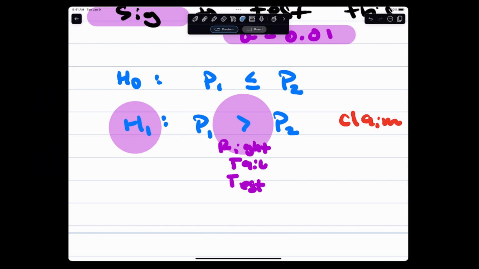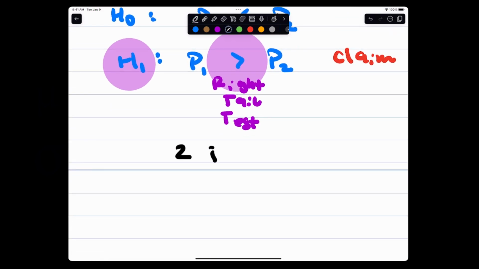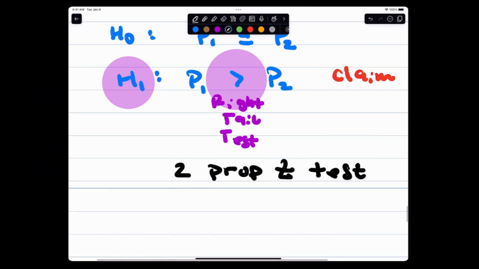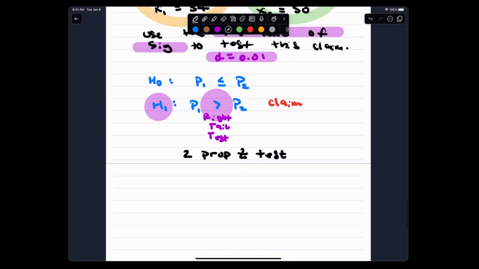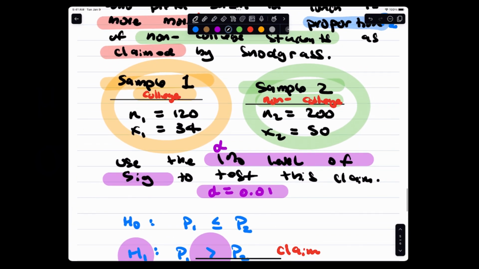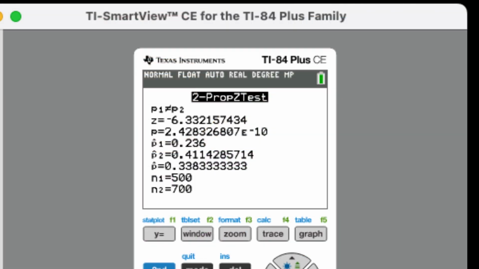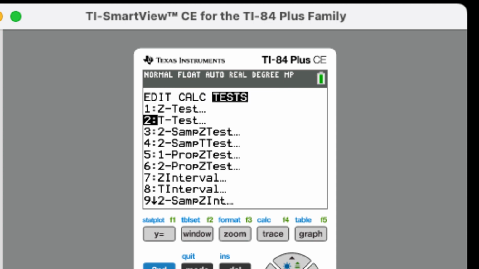Okay, so ladies and gentlemen, what's the command we use in the TI? Stat, Test, 2-PropZTest.